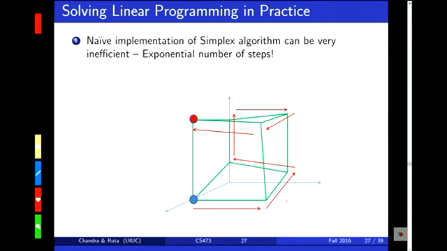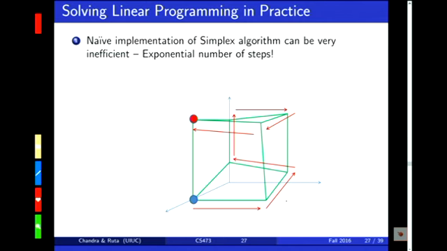Then, so I'm pushing this side also. Then from here I could see that, oh, this is also an improving direction, so I go there. Then from here, this is also improving. Improving, improving, improving. So instead of taking one step, I took 8 steps, 7 steps. So if this direction is an improving direction, then this vertex is also an improving vertex. From here, this is improving, from there, and so on.